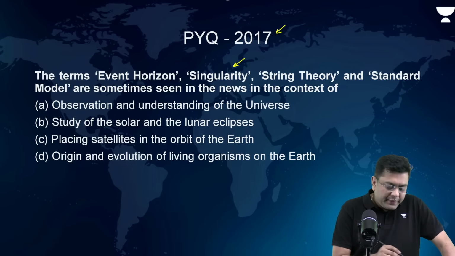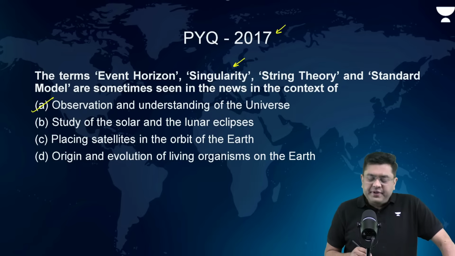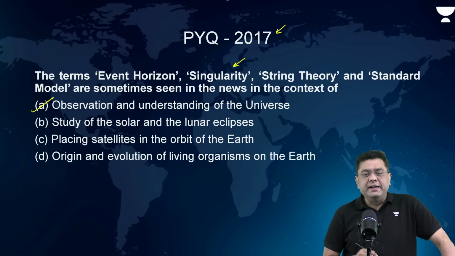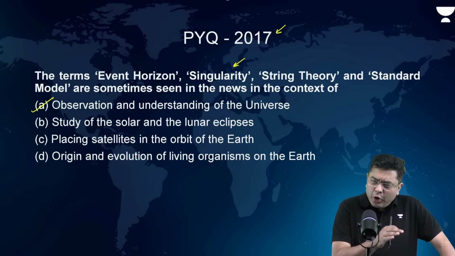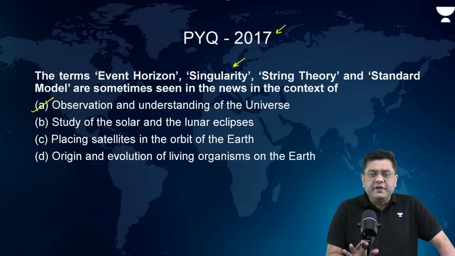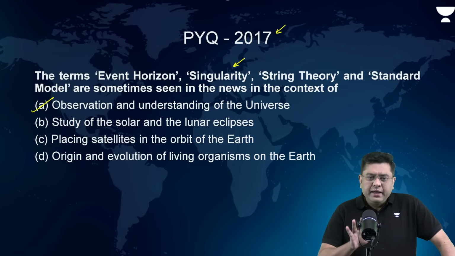Here the answer is observation and understanding of the universe. The event horizon, the theory of the expanding universe, the Big Bang theory, all of that are associated with this aspect.